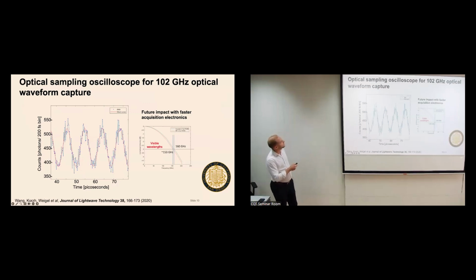And we managed to make an optical sampling oscilloscope with this single photon detector. So imagine if you synchronize your modulator and detector, and start picking out single photons from the waveform. That is an optical sampling oscilloscope. So after a while, once you collect your histogram, you actually get the waveform at 100 gigahertz. So this is really a 10 picosecond time scale.